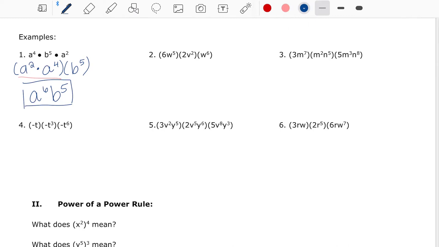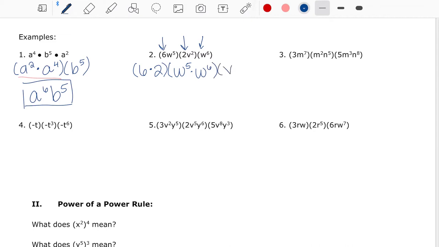When we look at number 2, now we have some coefficients that are not 1. I have a coefficient of 6, a coefficient of 2, and then right there, that's a coefficient of 1 in front of the w to the sixth. So now I'm going to take out the coefficients and multiply them out front. And then I'm going to group my w's together.